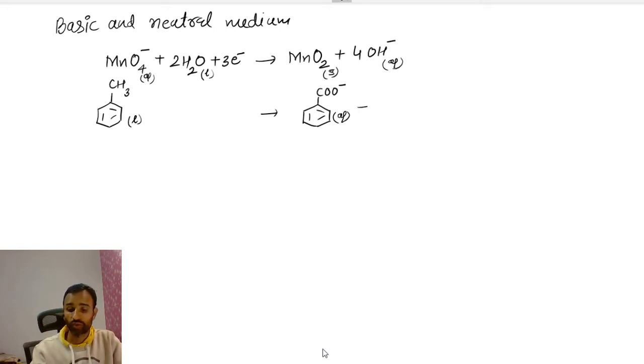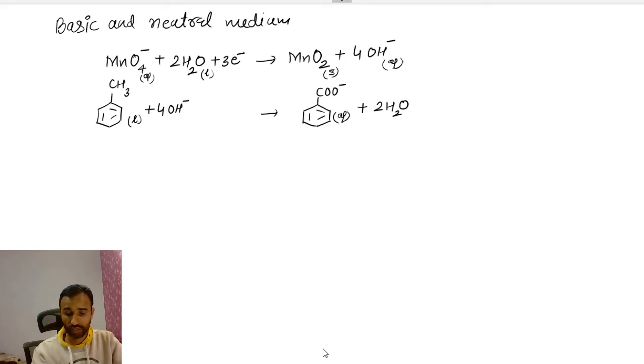We add H2O to the side with excess of oxygen and double the number of OH negative ions to the opposite side. Now hydrogens: on the left side 3 hydrogens.